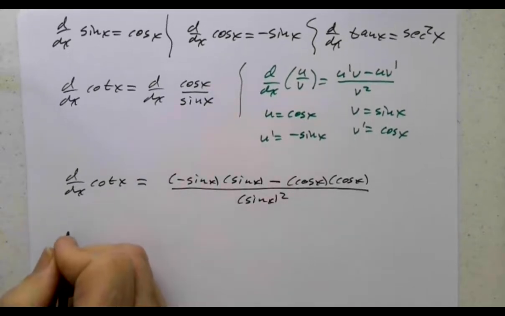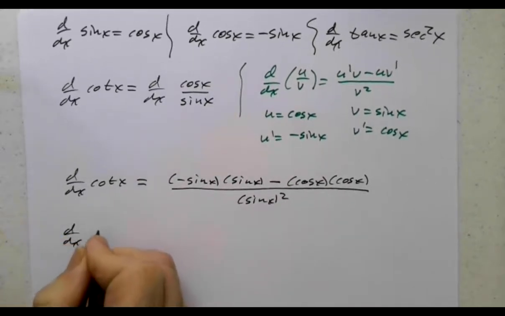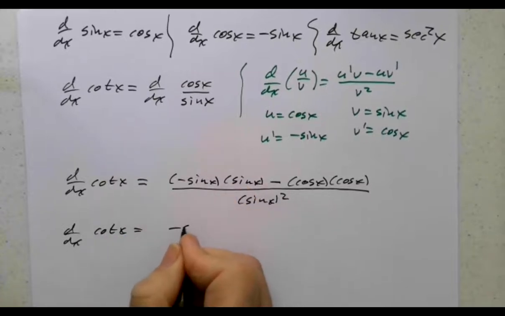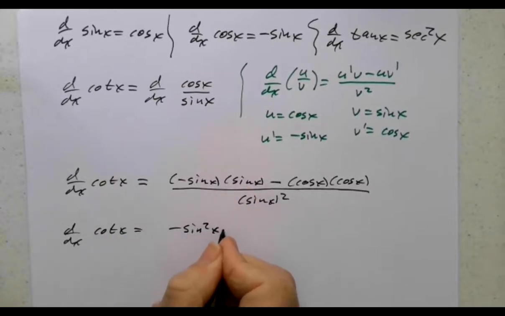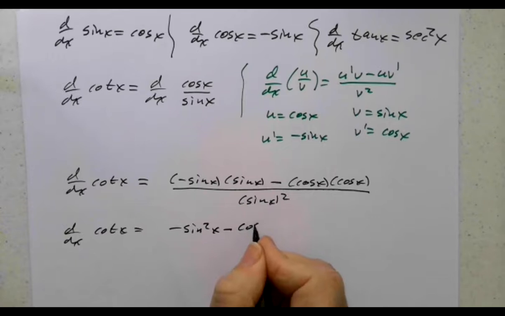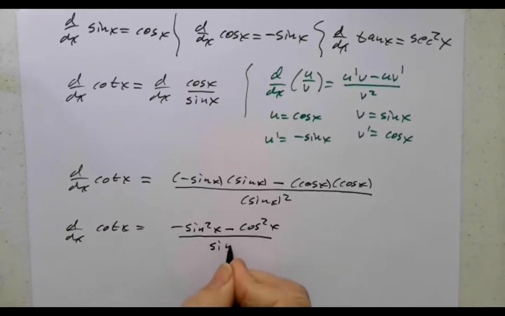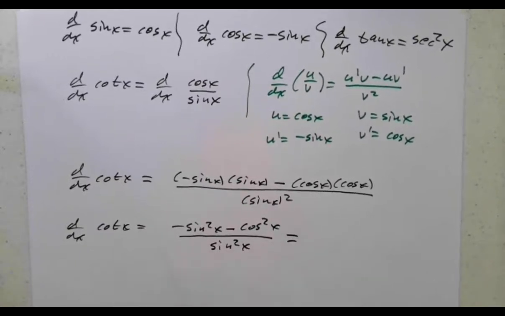So I get the derivative with respect to x of cotangent x is negative sine squared x, minus cos squared x over sine squared x.